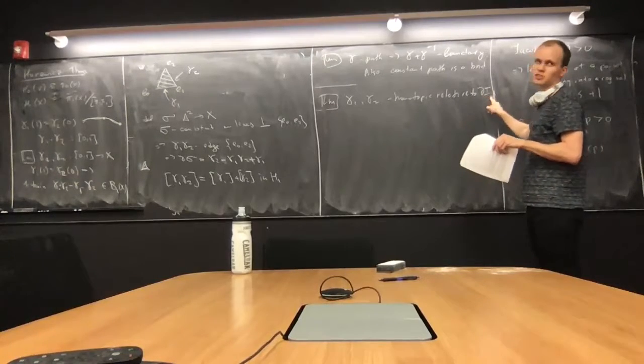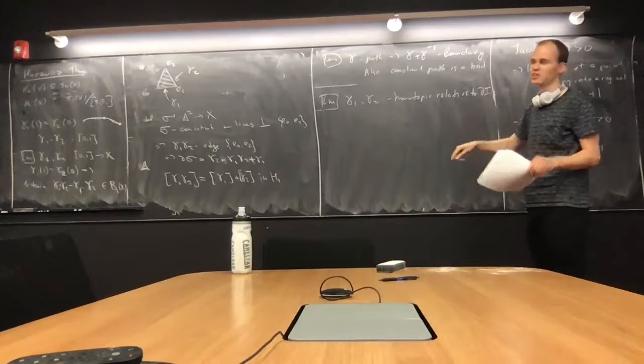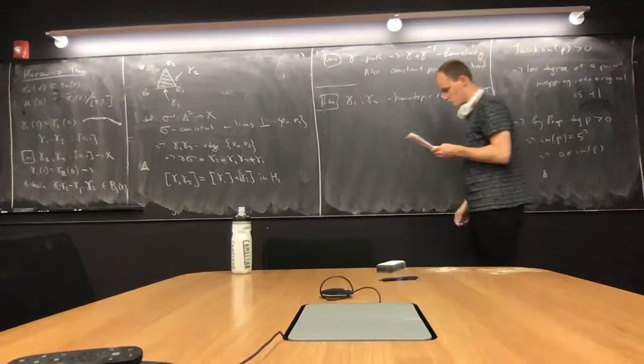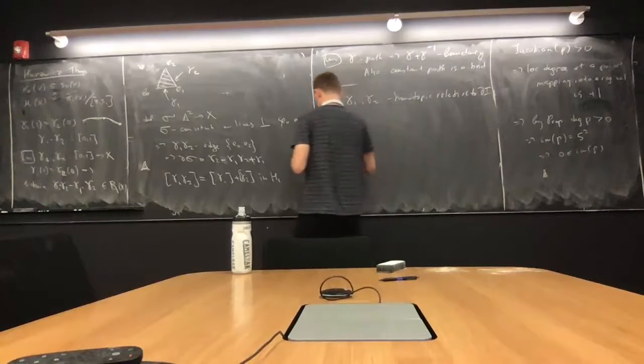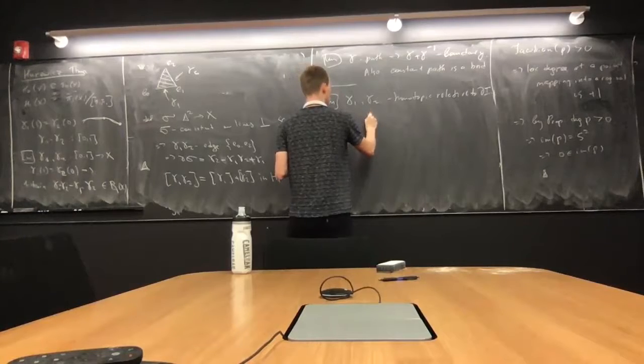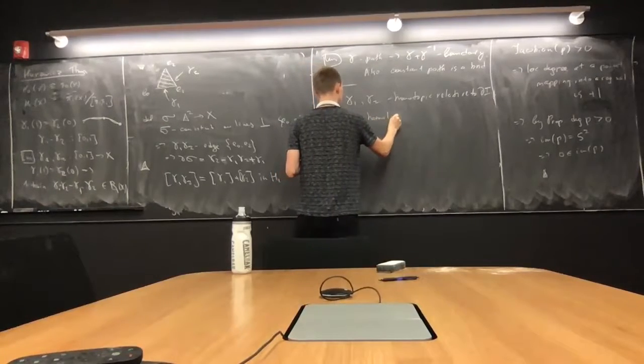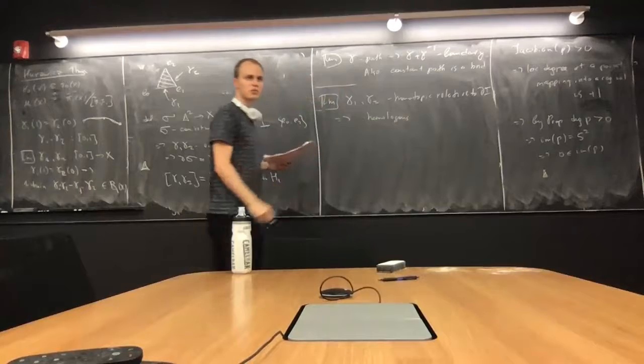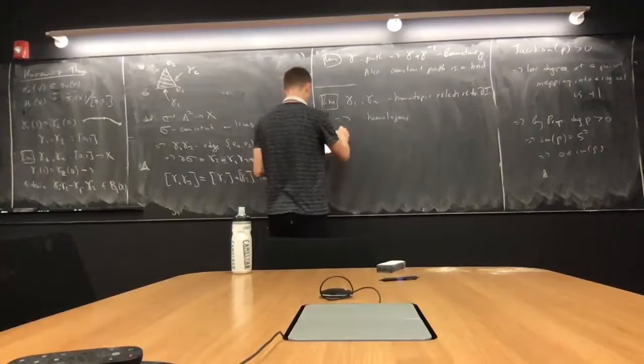Okay, so on the boundary of the interval 0 and 1, the values of gamma 1 and gamma 2 must be fixed and equal. Then they're homologous. They represent the same class of homology.